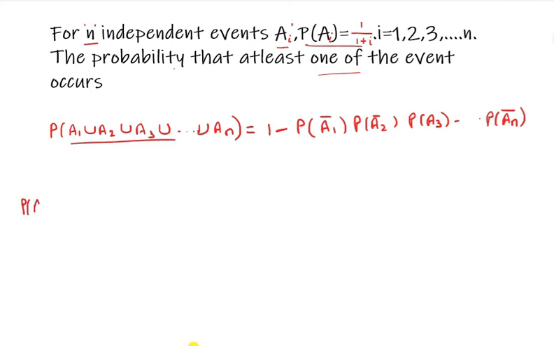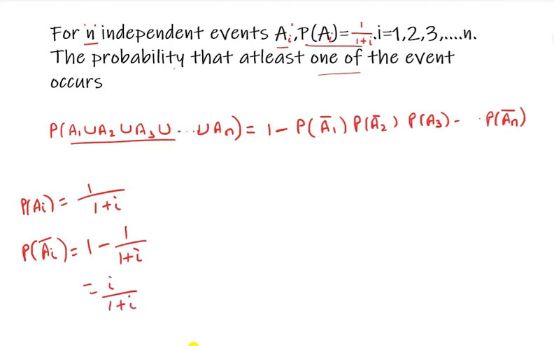But now you can observe in the question he has given P of Ai is equals to 1 by 1 plus i. But can you tell me what is P of Ai bar is equals to 1 minus 1 by 1 plus i, that is nothing but i divided by 1 plus i. So that's why it becomes 1 minus, what we will get here, A1 bar is equal to 1 by 2, A2 bar is equal to 2 by 2 plus 1, that's why 2 by 3, A3 bar is equals to 3 by 3 plus 1 and so on.